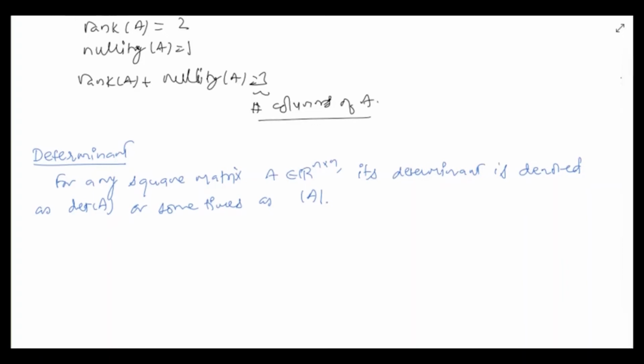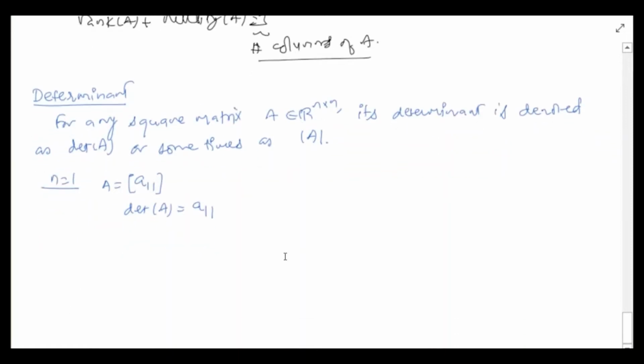Let's see how determinants are defined. When n is 1, that is, we are looking at 1 by 1 matrices, so A is of the form A11, then the determinant of A is just that number, the element A11.